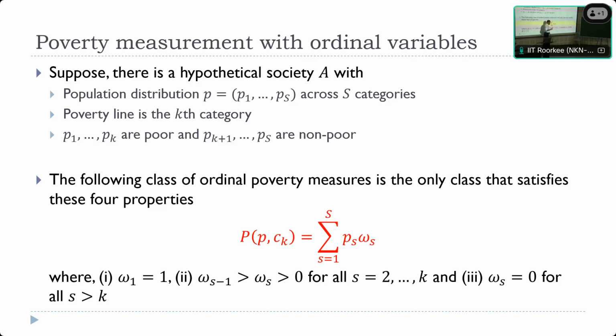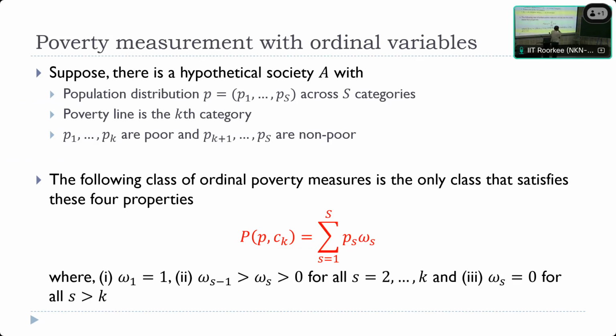I will talk about the restriction on the weights. These are weights and these are probability masses. So this is your poverty measure. You assign weights to different categories, and your poverty measure is the weighted sum of those probability masses. That satisfies the properties I just discussed.